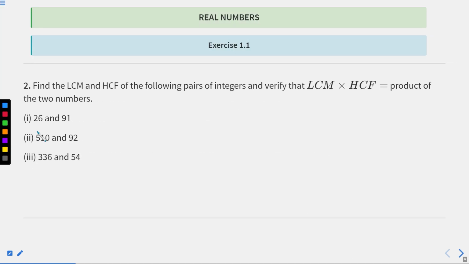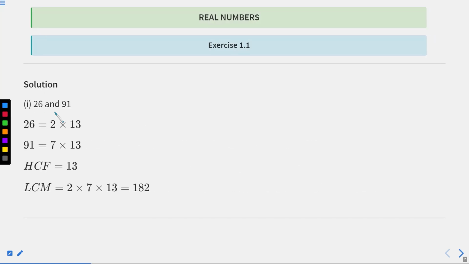In question number 2, find the LCM and HCF of the following pairs of integers, and verify that LCM into HCF is equal to the product of the two numbers. First we have two positive integers, 26 and 91. We can use the prime factorization method.